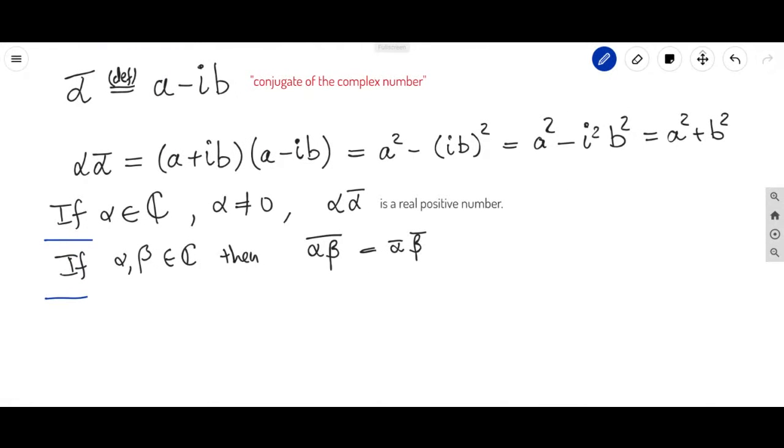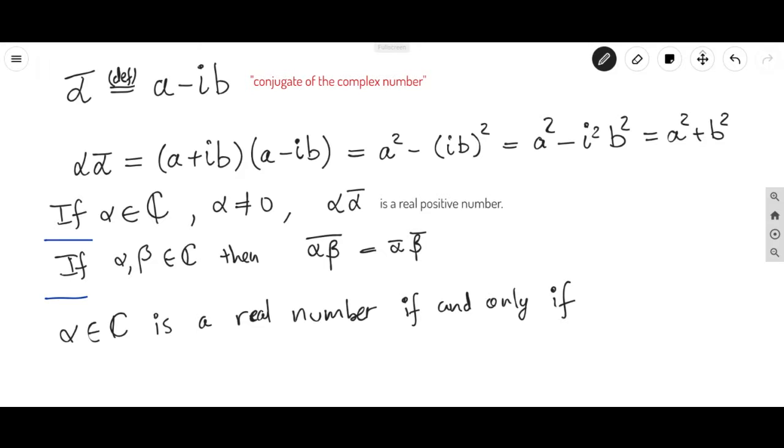And finally, the other simple fact that I should mention is, a complex number alpha is a real number if and only if alpha is equal to its own conjugate.